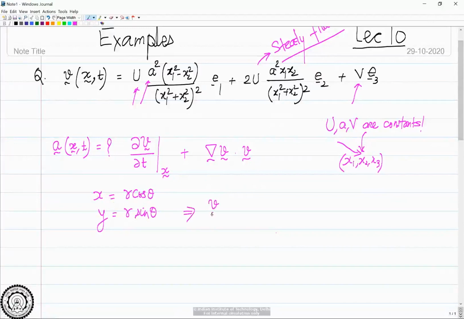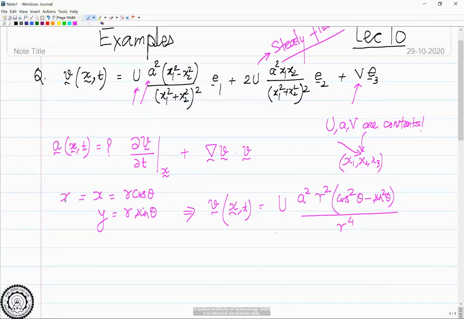So what happens to velocity then? It becomes u into a square and x1 square. So we have a small r square common into cos square theta minus sine square theta, divided by little r to the power 4. So as per the question, this is x1 and this is x2.